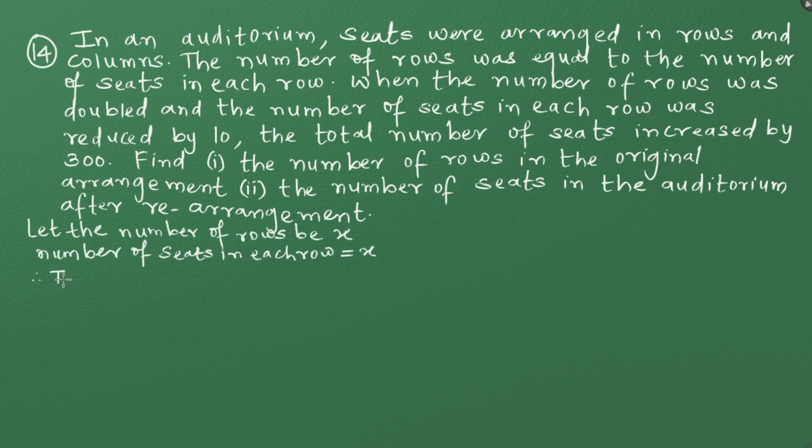So the total number of seats is x multiplied by x, that is x square.